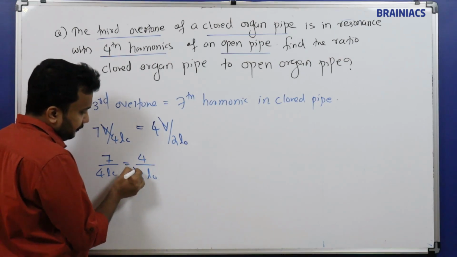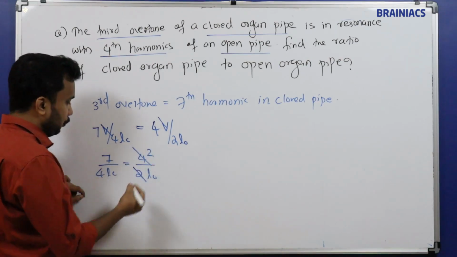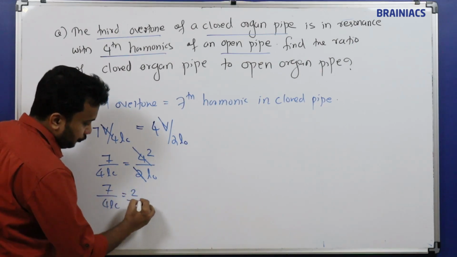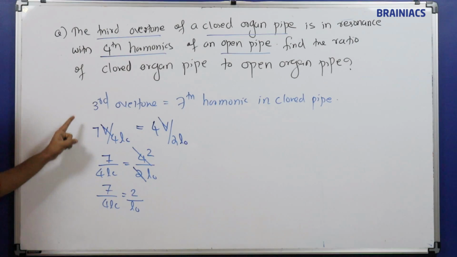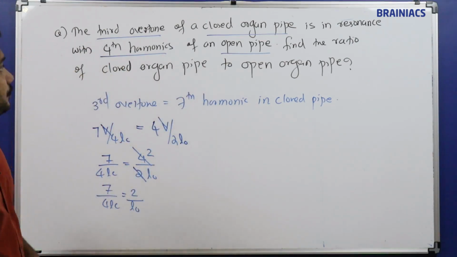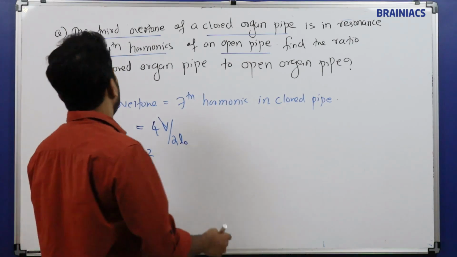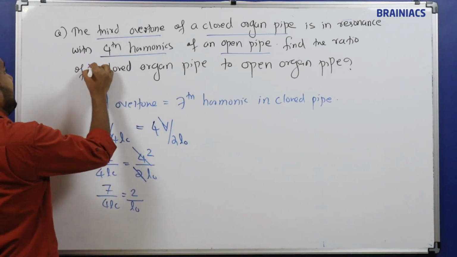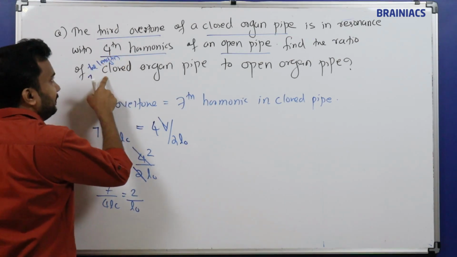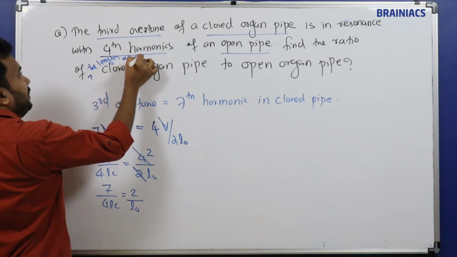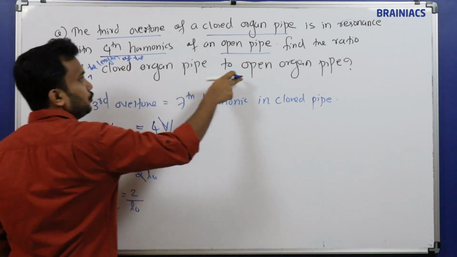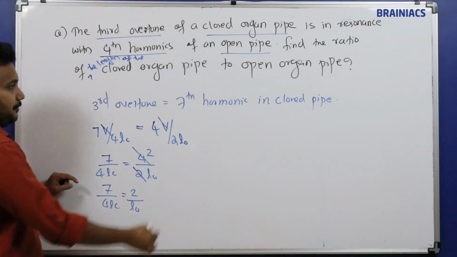The 4 and 4 cancel, so the remaining is 2. So 7 by 4Lc is equal to 2 by Lo. The question is asking to find the ratio of the length of the closed organ pipe, Lc by Lo, that we have to find out.